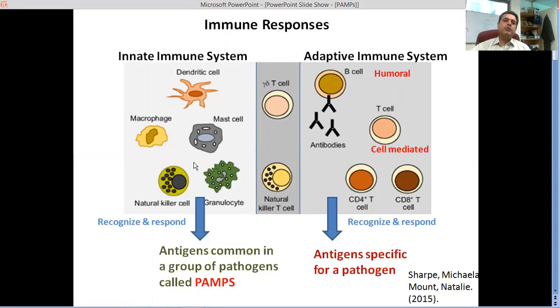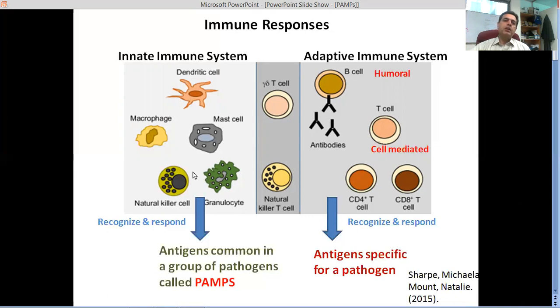So this system would recognize all gram-positive bacteria in the same way and would respond in the same way, by engulfing them, doing phagocytosis, or by secreting different kinds of chemokines and cytokines to generate inflammatory responses inside our bodies. So for a group of pathogens with common antigens on their surfaces, all these cells would respond in the same way.